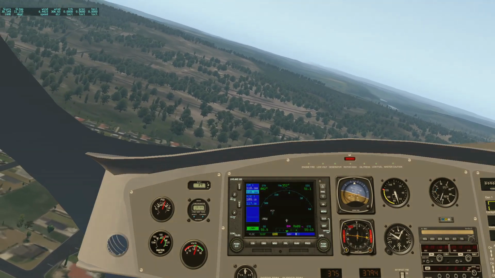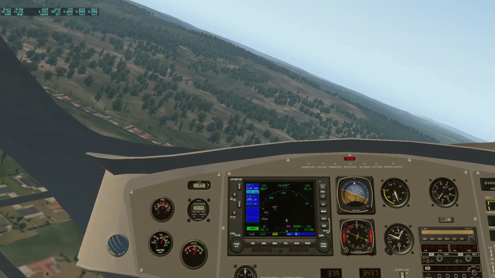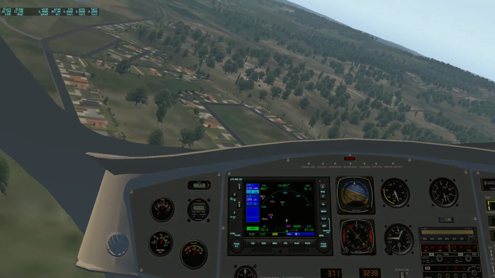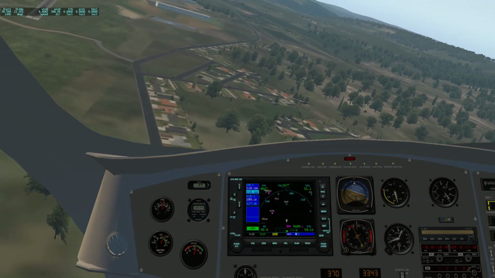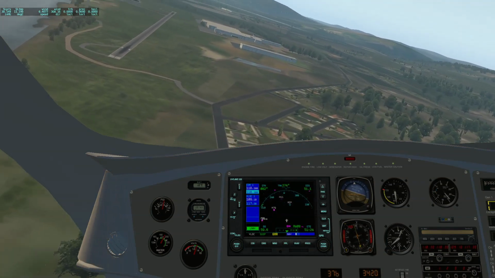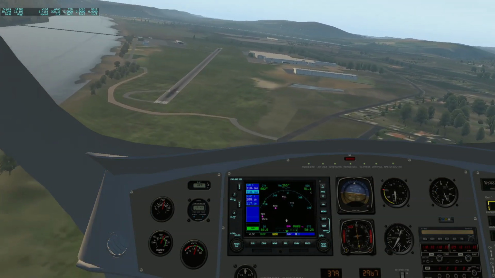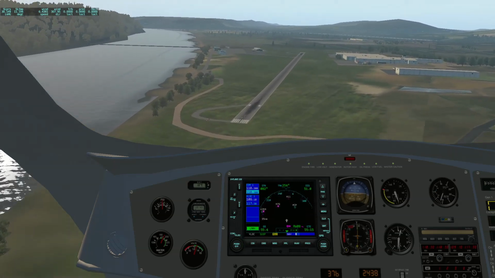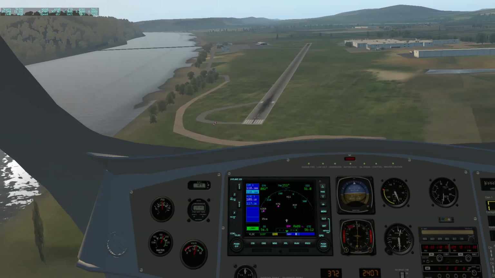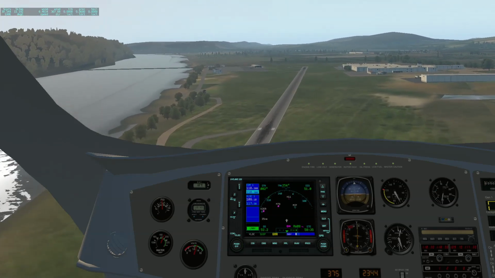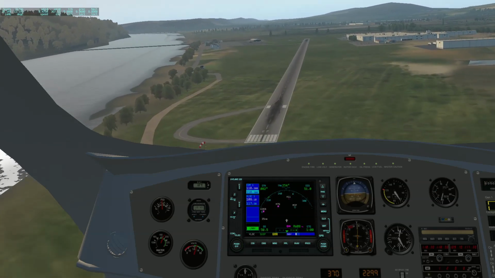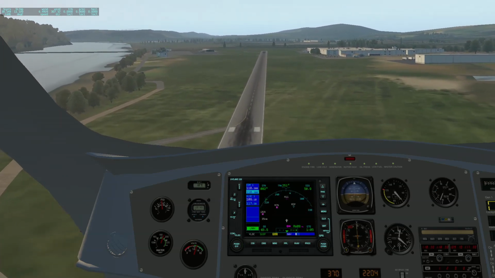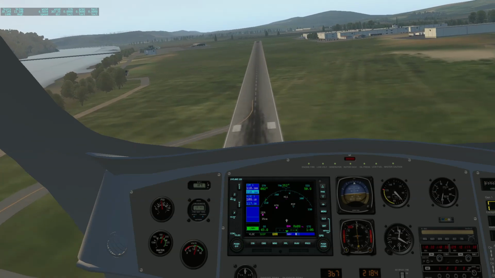Kind of bring myself around. Now, if you're, say, a transitioning helicopter pilot, one thing you're going to learn is that unlike a helicopter, you pretty much want to lawn dart this thing into the ground. And what do I mean by that? You want to keep that speed up. So I'm doing about 60 here, which is appropriate for this particular machine. I want to keep it up to 60.